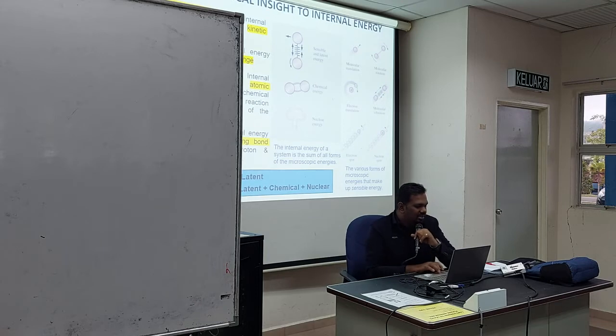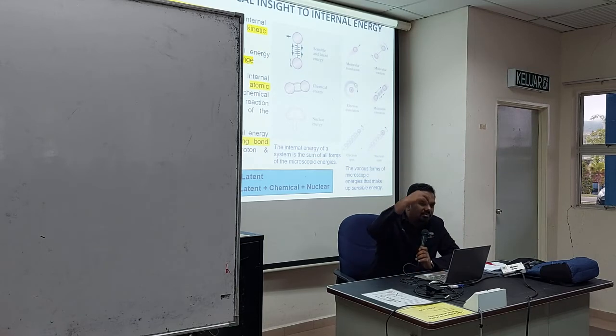So chemical energy is actually associated with the atomic bond in the molecule. Okay, atomic, so maksudnya dalam dia. So ada nucleus, ada proton, ada neutron, semua tu kan. So that is what we call chemical, but it's not as small as a nuclear energy.